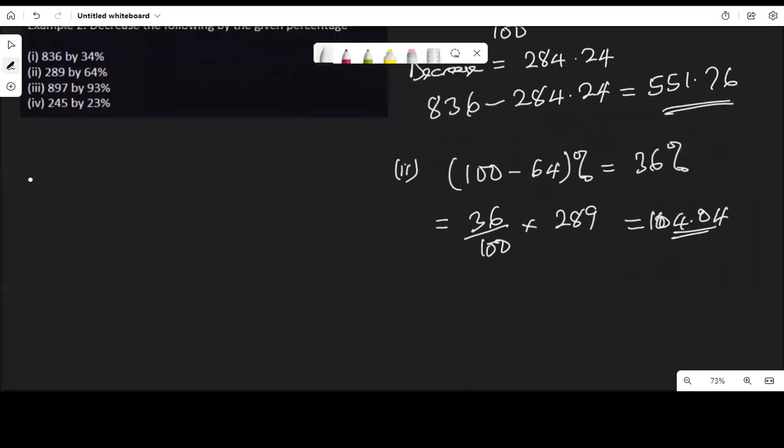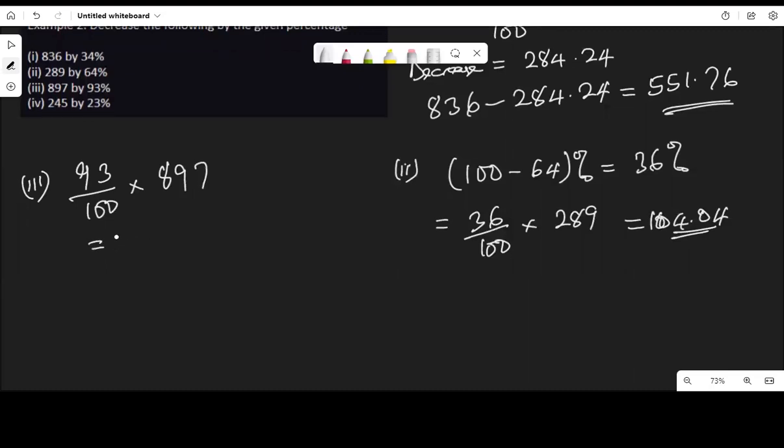For question 3, let's do it. I have 897. We have to decrease it by 93%. Here I'm going to calculate the percentage decrease value, which is 93 over 100 times 897.